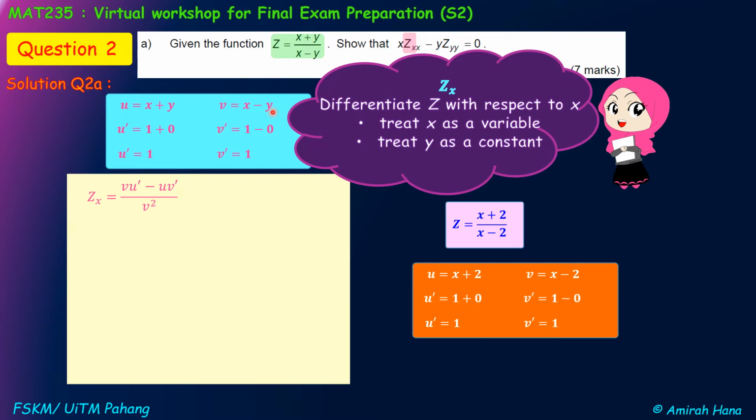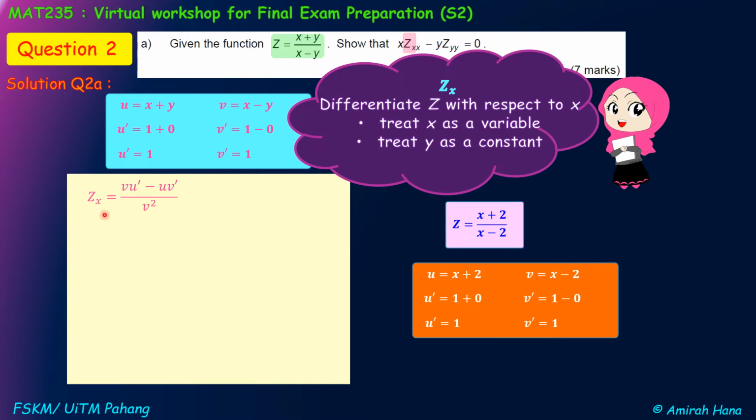And when we differentiate y, the answer equals 0, not dy over dx, because y now is not a variable, but we treat it as a constant. When we differentiate any constant, the answer equals 0. After we simplify, we have v prime equals 1. Then we substitute into the quotient rule formula.